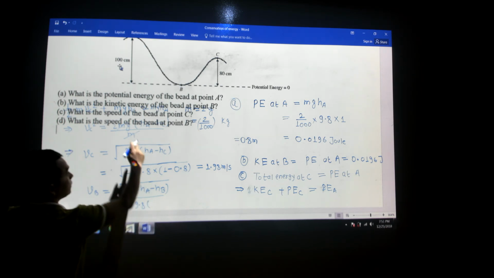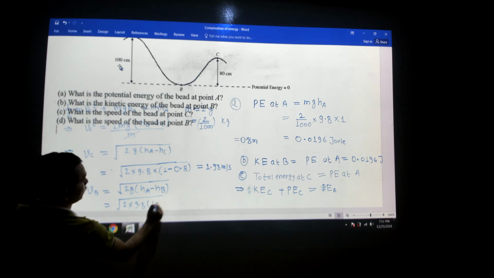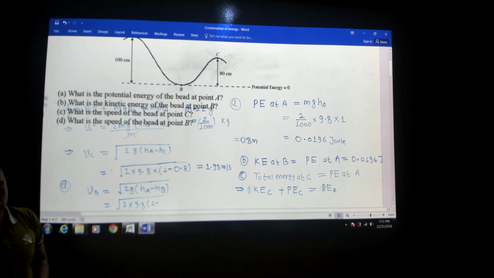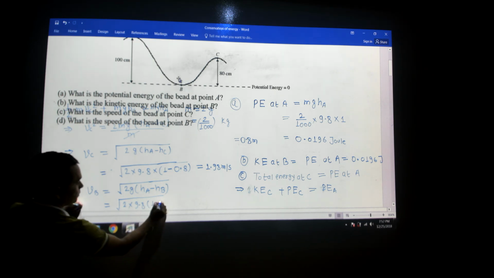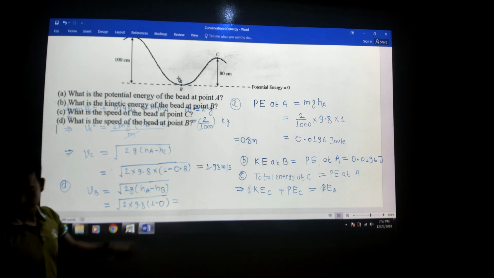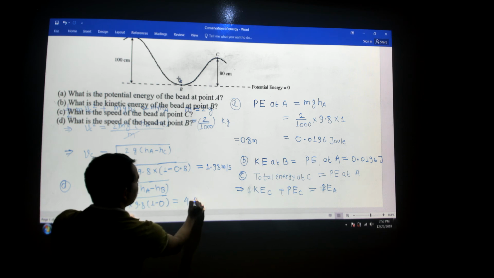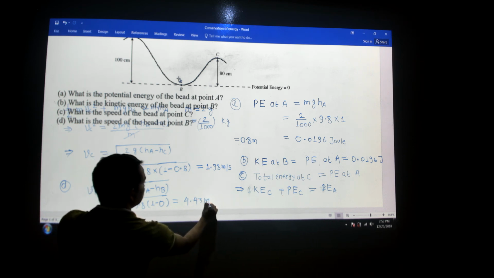What is the height for HA? At point A, this is 1 meter. Now at point B, the height is starting from this point, so the height is 0. If I plug in, the answer you'll get is 4.43 meter per second.